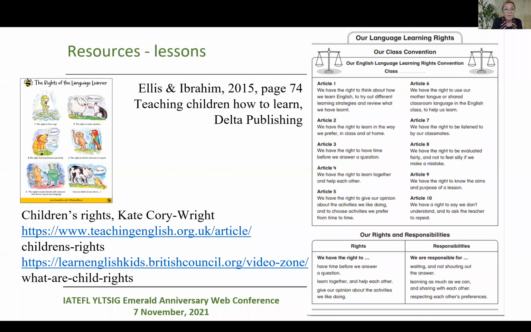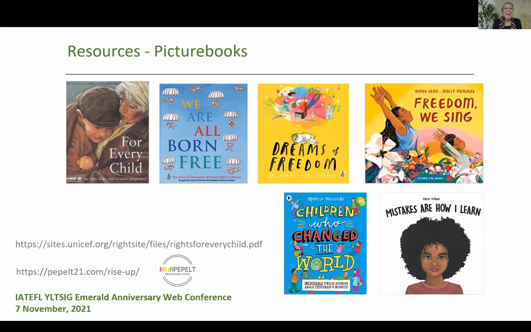The next area that I'd like to share with you, how could I not, are picture books that address human rights or children's rights. I hope you were able to listen to Griselda Beacon's fantastic talk on picture books yesterday. So these are all picture books that address human rights or children's rights and the concept of freedom.